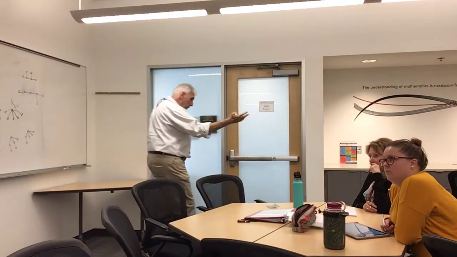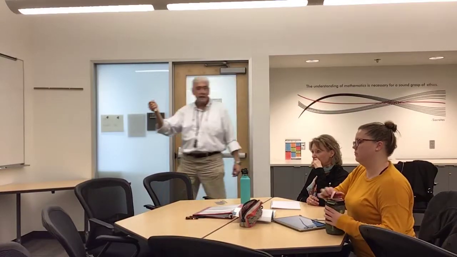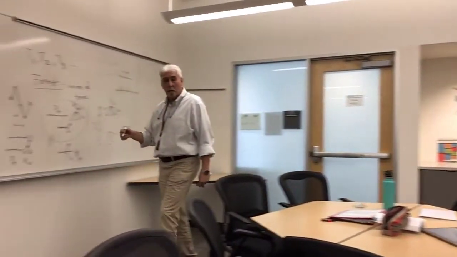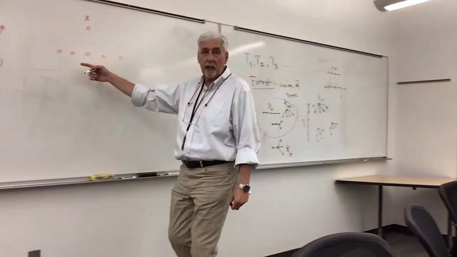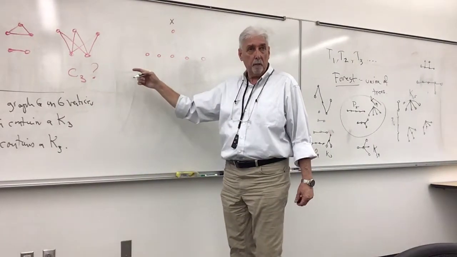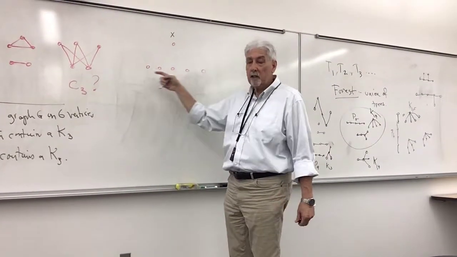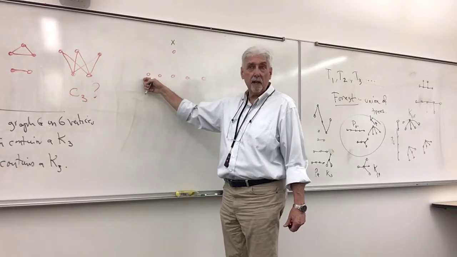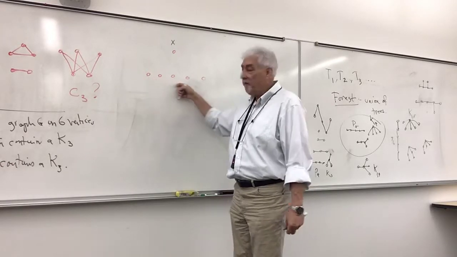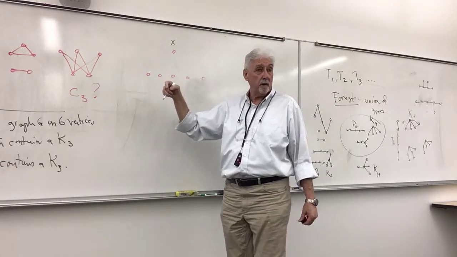And the 2 holes my pigeons are flying into is that x is adjacent to a point, or x is not adjacent to a point. So I have 5 pigeons flying into 2 holes.